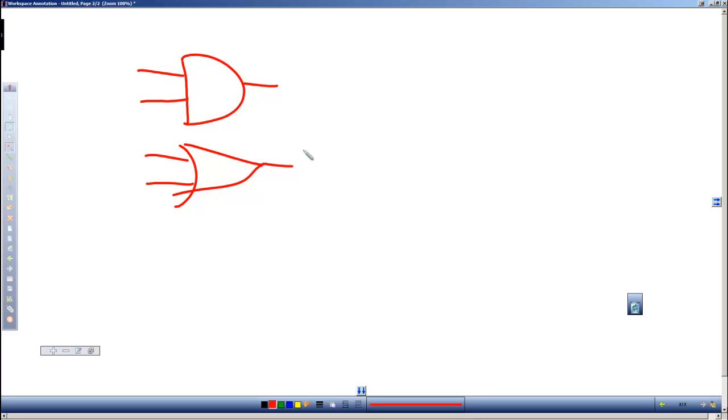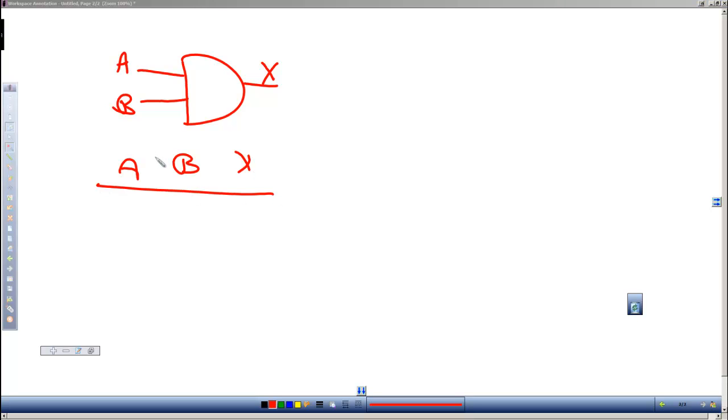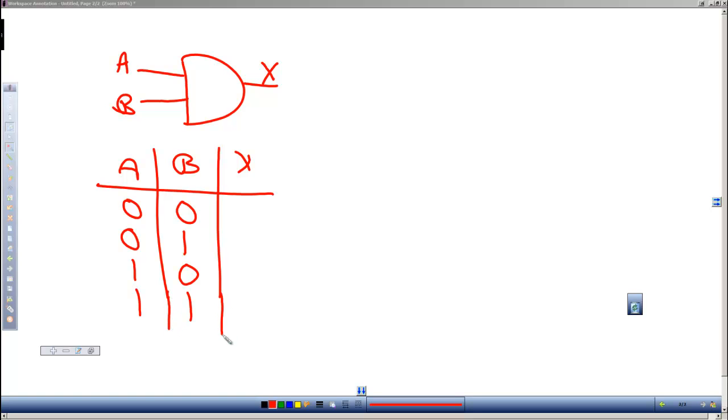So let's start with the AND gate. If you remember, with the AND gate, we had, say, an input A and a B, and our result was A and B. In the truth table for that, we had A, B, and X. Remember, we would essentially fill the truth table by counting in binary for the 4 possible combinations.